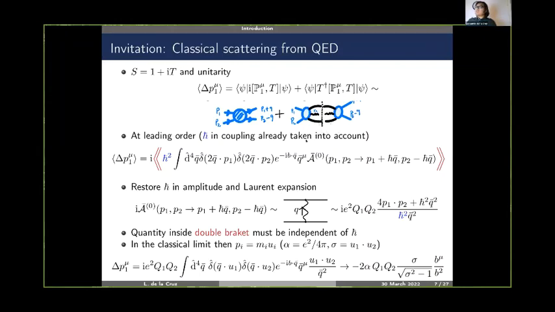Here there is something quite peculiar about the classical observable: it depends linearly on the amplitude. So at leading order, this other contribution does not appear. At leading order, what I have to do is just compute the tree-level amplitudes.